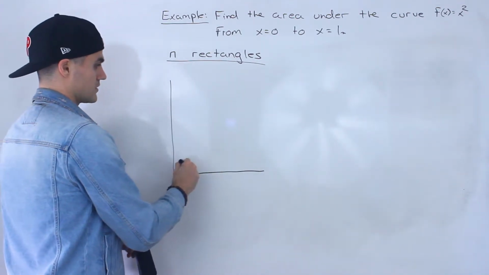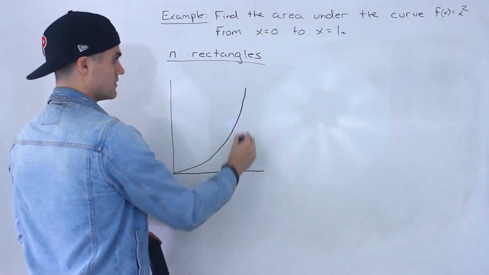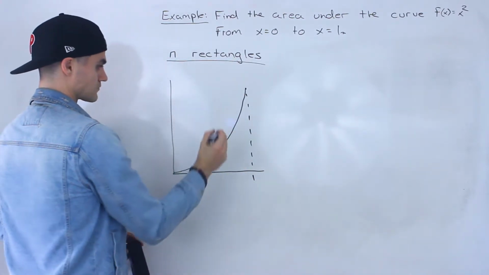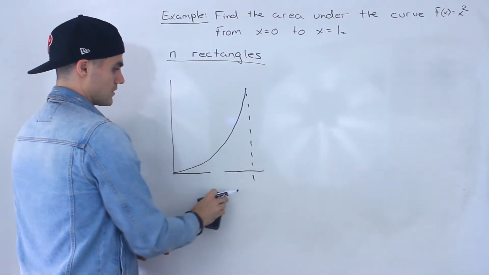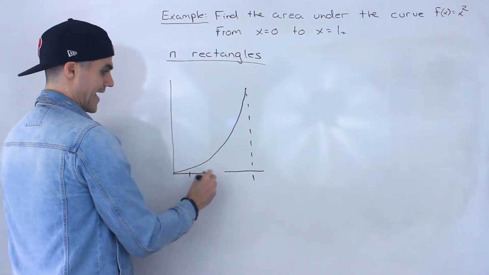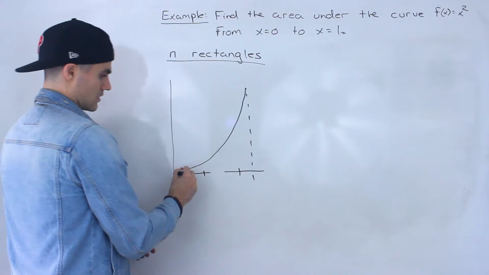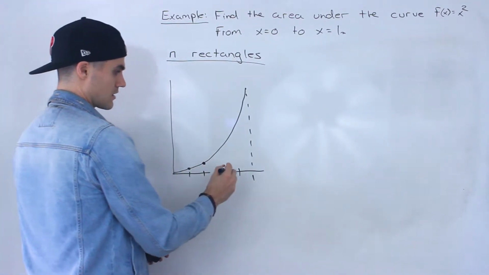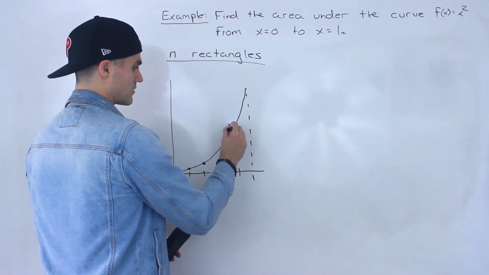So what we're going to do is draw out the curve again. We're going to have an x value of 1, and we're going to split it up into n intervals. So these are going to be rectangles here. This is going to be the last rectangle.